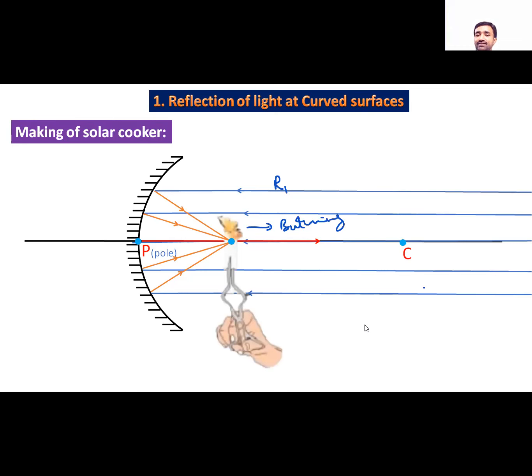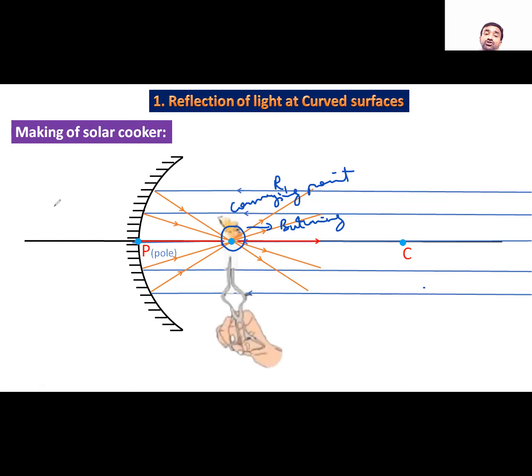Because at this spot, light rays are going to be converged, especially at this point. After this they diverge also, that is a second issue. So here all are going to be converged or not? This is the converging point. So at this converging point, what happens?